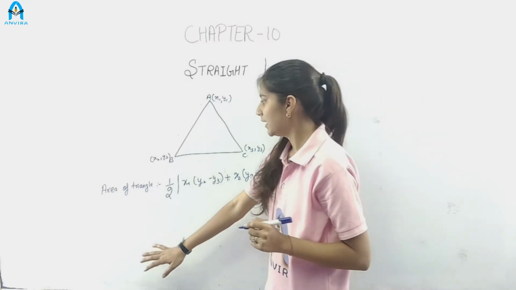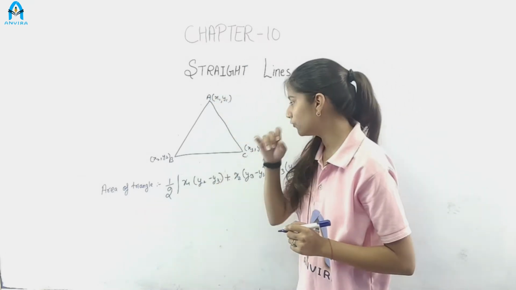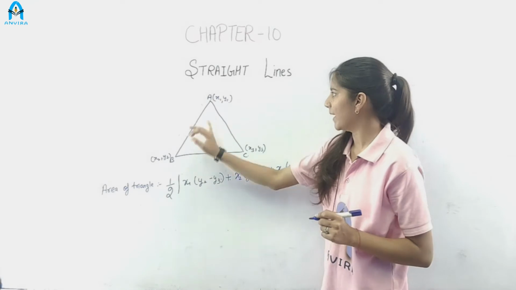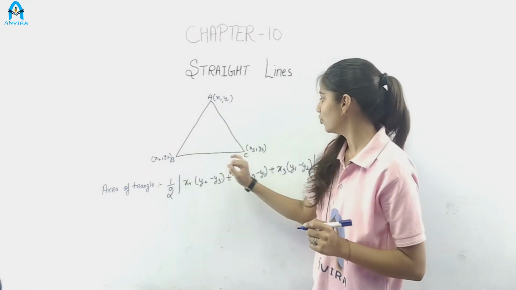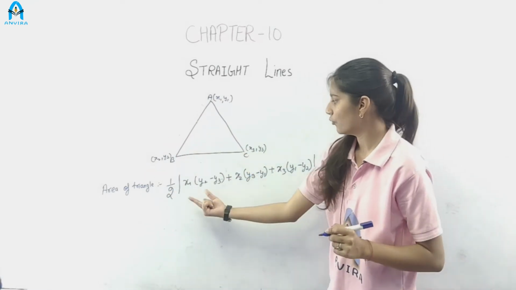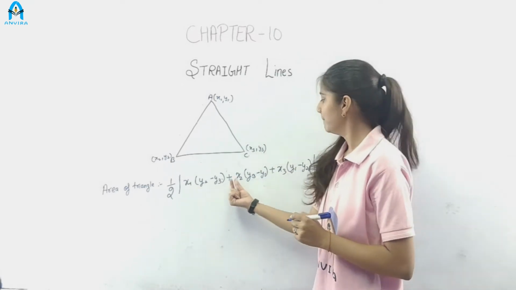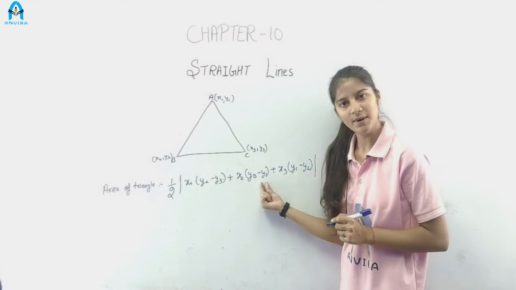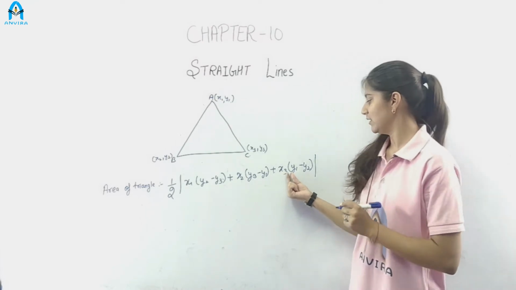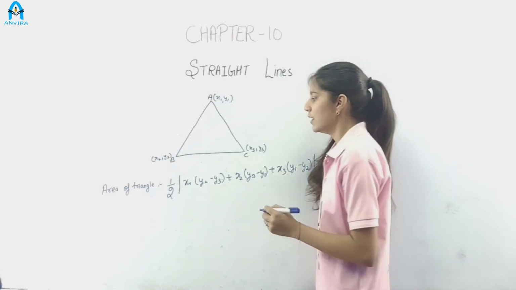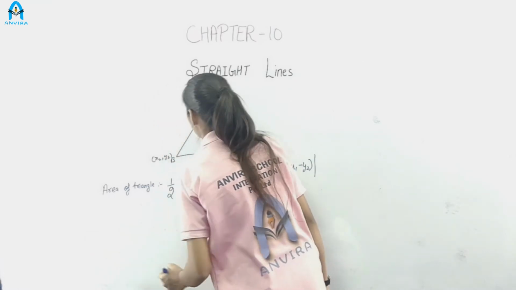So here is the area of a triangle whose vertices are given in the form (x1, y1), (x2, y2) and (x3, y3). Let us take an example.